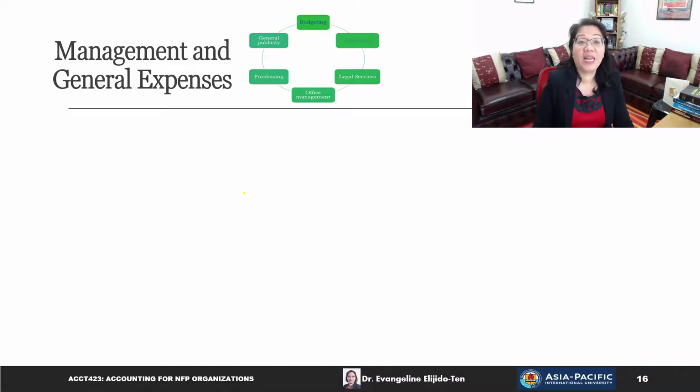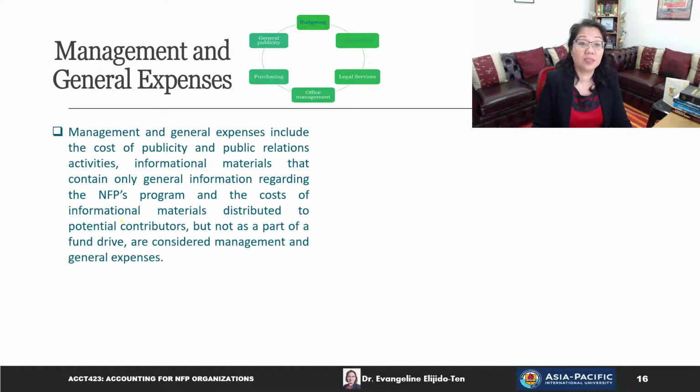Let's look at management and general expenses. Now, management and general expenses include the cost of publicity and public relations activities, informational materials that contain only general information regarding the NFP's program, and the cost of informational materials distributed to potential contributors but not as part of a fund drive.